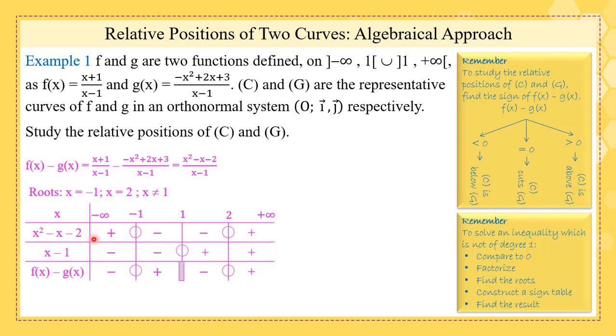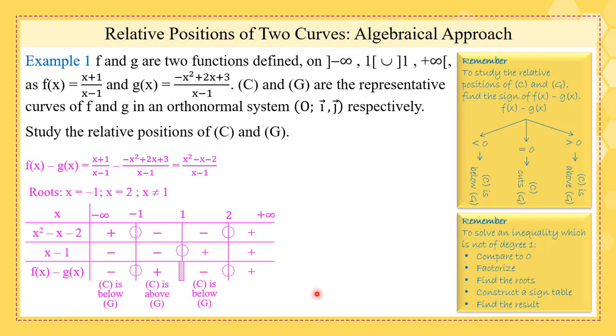Remember again and again, this is a polynomial of degree 2 having two roots, so we apply same, opposite, same, and this is a binomial of degree 1, so we apply opposite, same, and this would be the result of f of x minus g of x. Now let's see how we study the relative positions. Because f of x minus g of x is negative, we say that C is below G, and C is below G also here because the difference is negative.